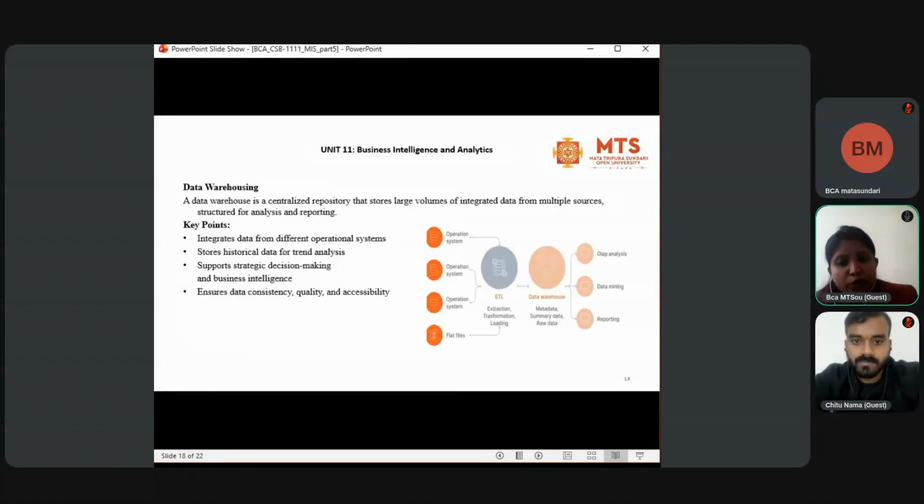Some points of the data warehouse are that it integrates data from different operational systems, stores historical data for trend analysis, supports strategic decision-making systems and business intelligence, and ensures data consistency, quality, and accessibility. So this is the data warehouse.